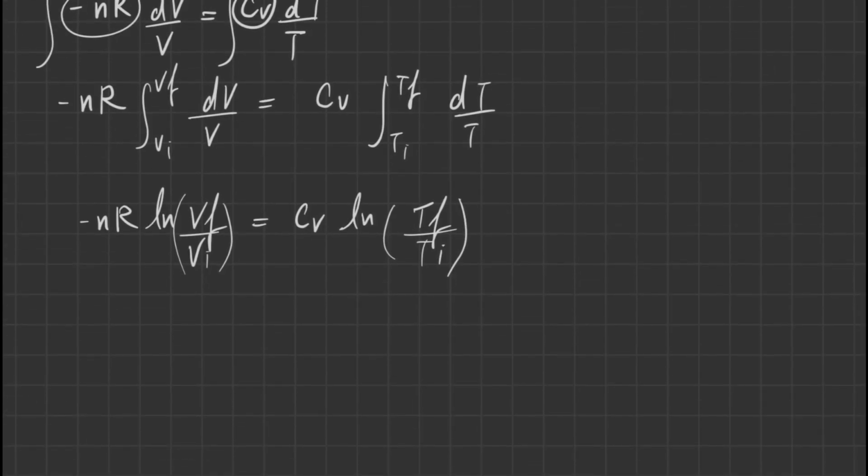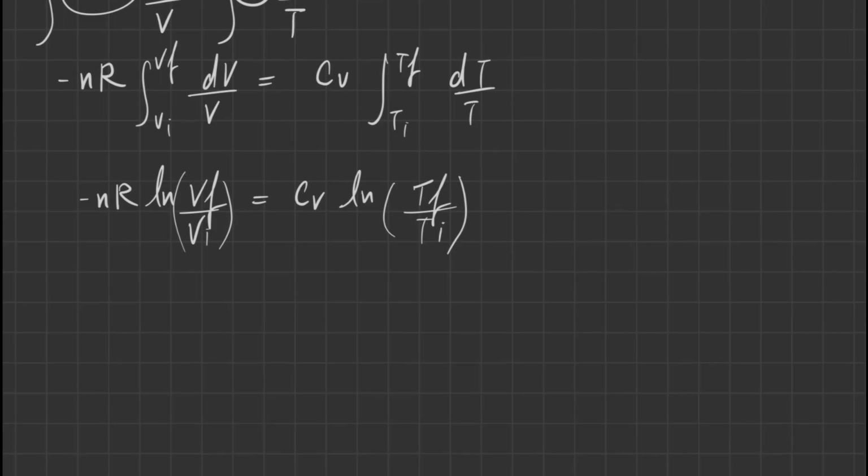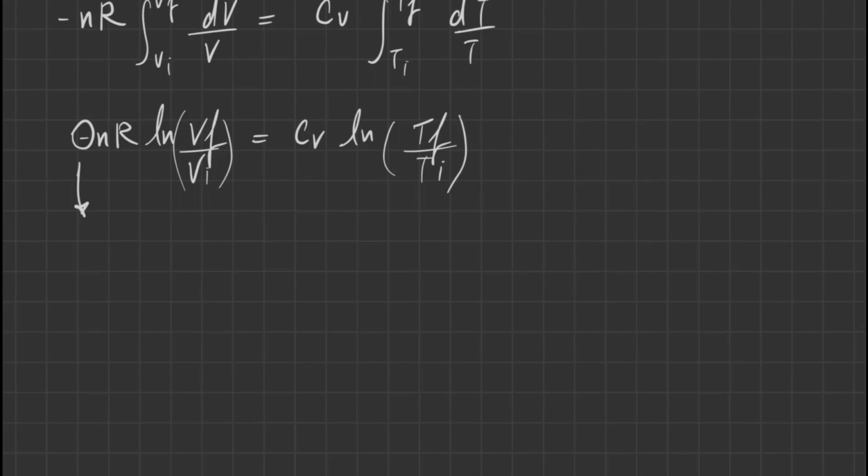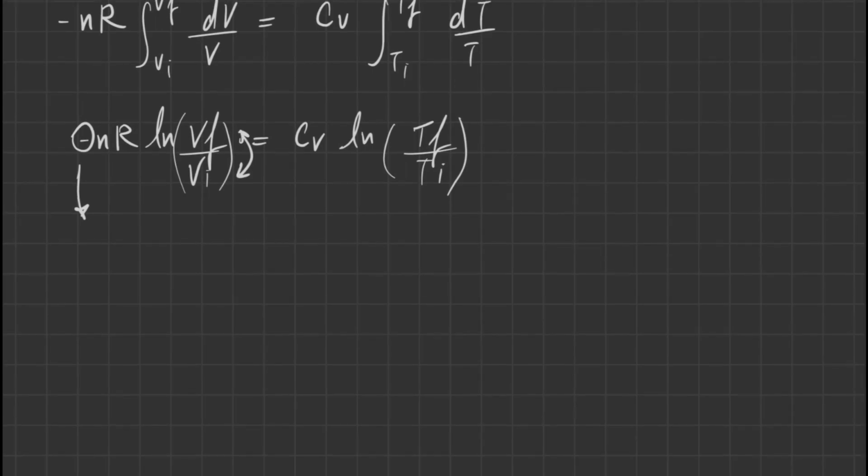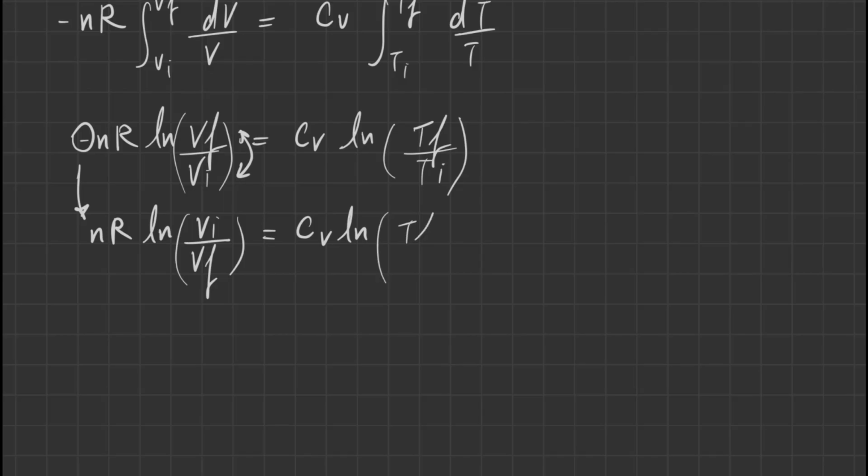Here we want to remove this negative sign. It's a little bit inconvenient for later purposes. In order to do that, we just flip the term inside the natural log, and then we can get rid of the negative sign. So nR natural log V initial over V final is equal to the heat capacity at constant volume natural log of final over initial temperature.